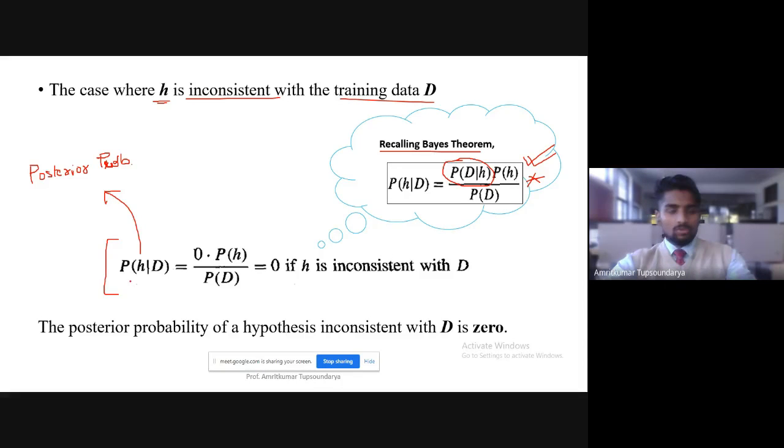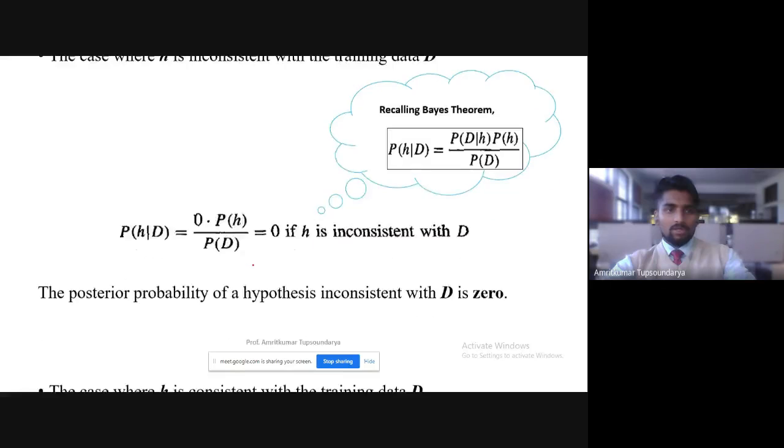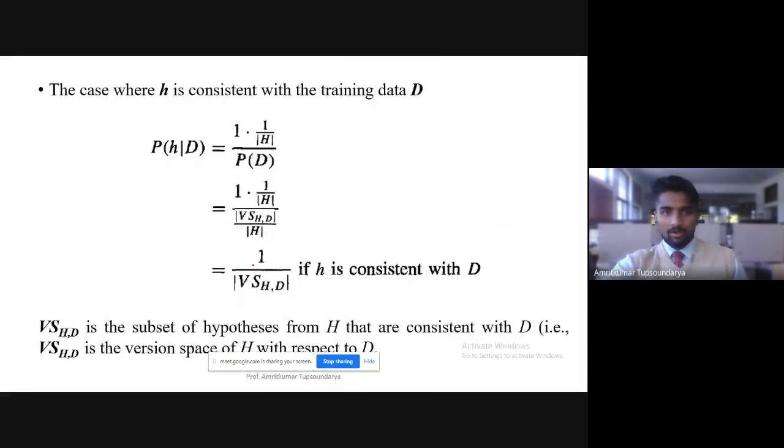So P of H given D is the posterior probability, and when we have a hypothesis H which is inconsistent with the training data, then the posterior probability also becomes 0. Now let us have a case where the hypothesis is consistent with the training data, right?